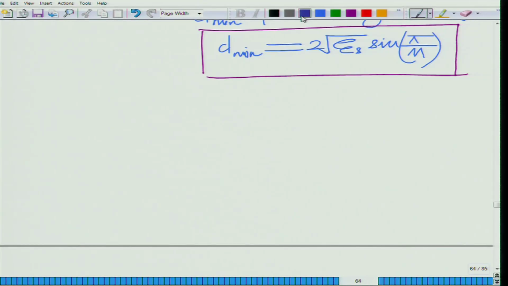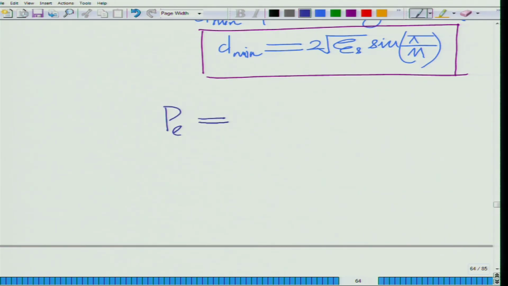So, the angle is now pi by M, and you can use these simple principles and derive it, but it might just take a little bit of looking at it carefully. And therefore, now it becomes really simple, I do not have to go through an elaborate derivation.